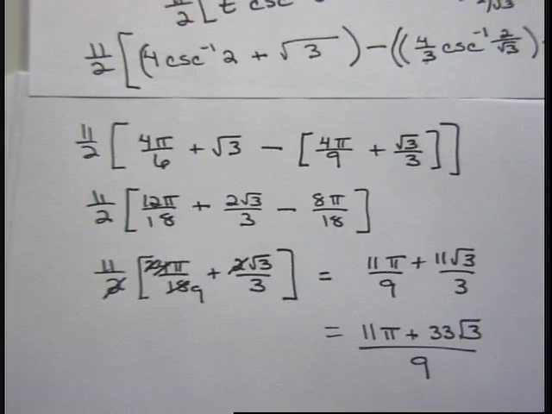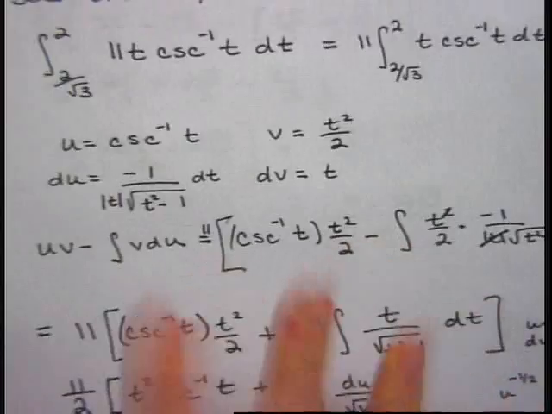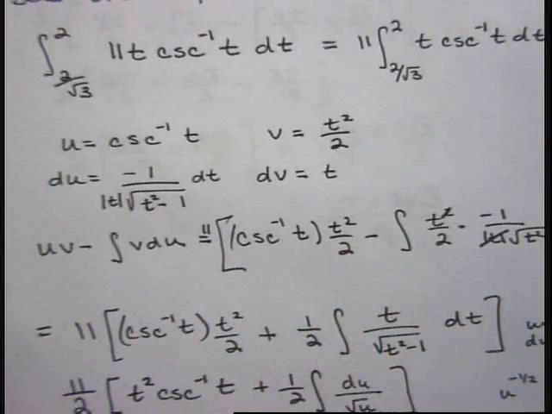Are you guys doing all that work, or are you just fudging it? It's a really good one, because you really had to look at it again. How did you get the 2 square root of 3 over 3?